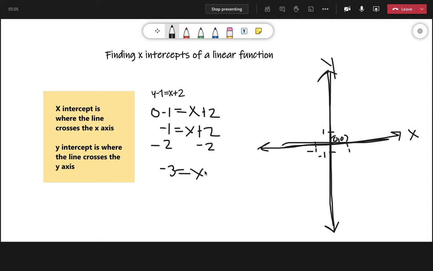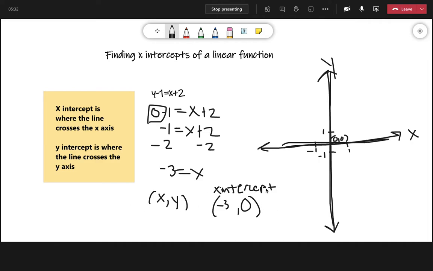Now we are going to have to write this as a point. We know that our y value is 0 because we plugged in 0. So if we're going to write our point, which is x comma y, our x value is negative 3 and our y value is 0. This is our x-intercept. Now we are going to find our y-intercept.